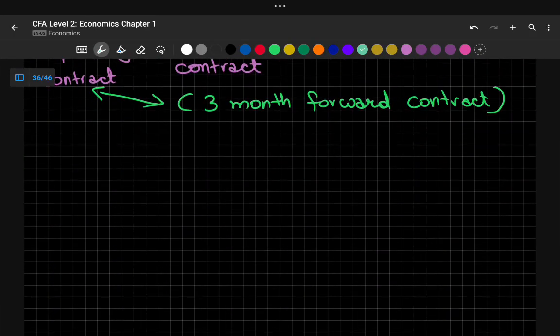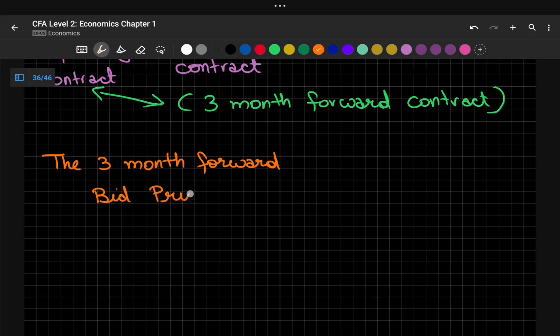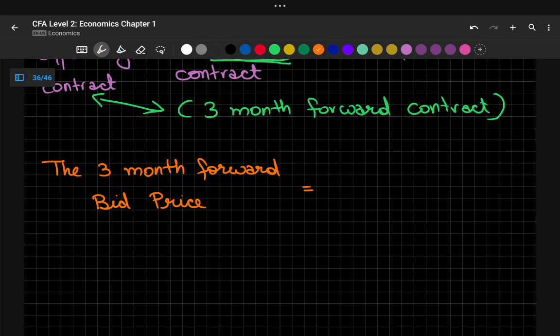So, if I write it down, the 3-month forward bid price, that is the price at which Ria would be able to sell 1 million GBP in the 3-month forward contract, is 1.9210, that is the spot bid price, plus the 3-month forward points.